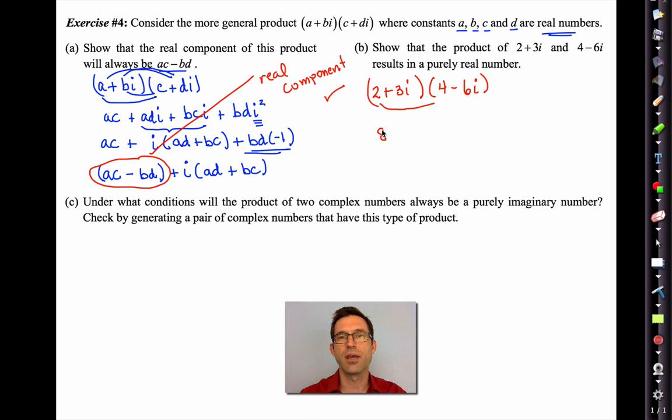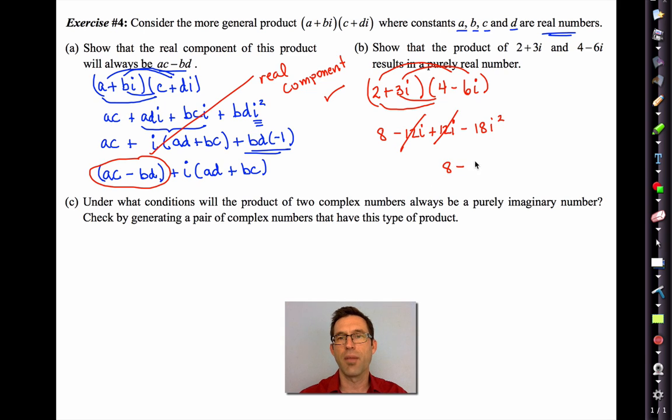2 times 4 is 8. 2 times negative 6i is negative 12i. 3i times 4 is positive 12i. And 3i times negative 6i is negative 18i squared. Well, these two cancel.